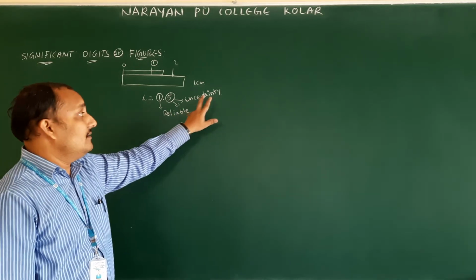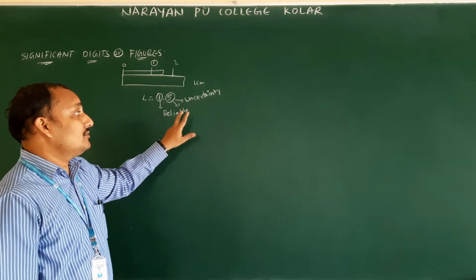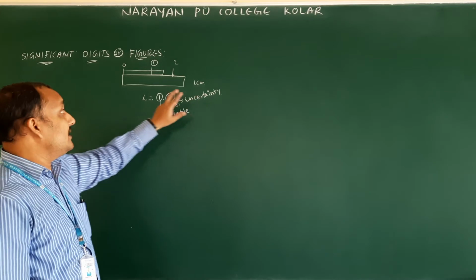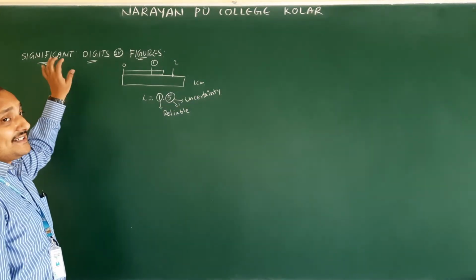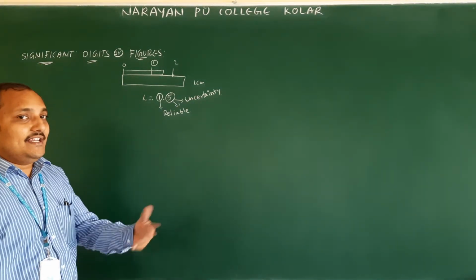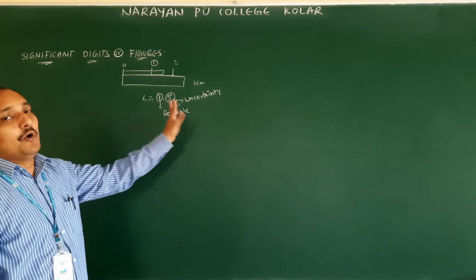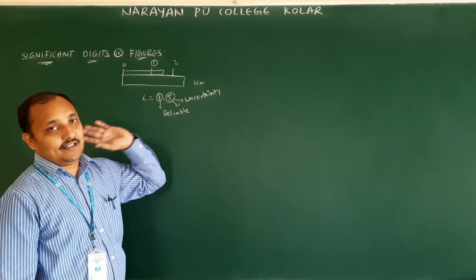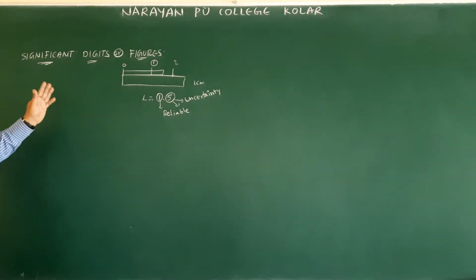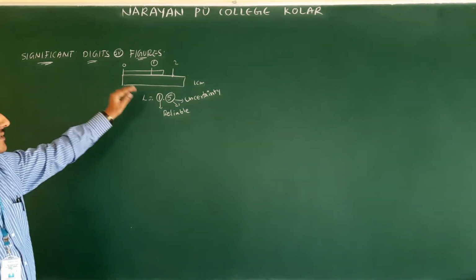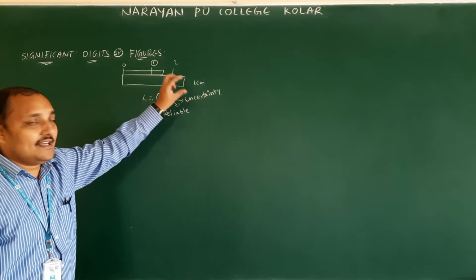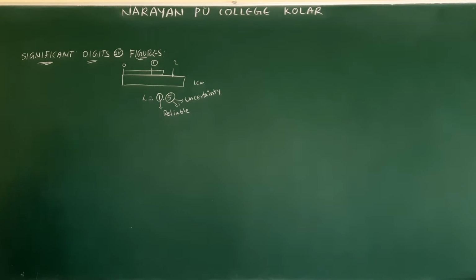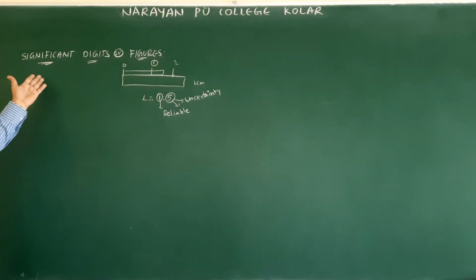Reliable value and uncertain value together are called significant digits. In any measurement, you will have both reliable and uncertain. So define significant digits or figures: it is the combination of both reliable and uncertain numbers. That is called significant digits.